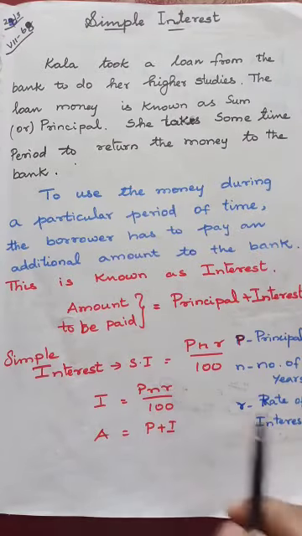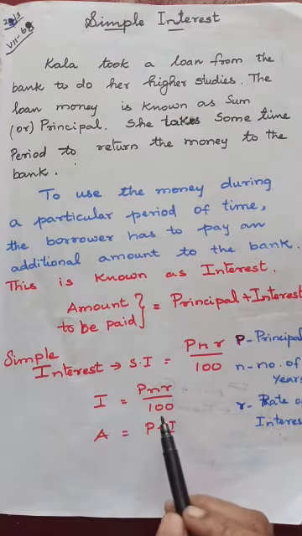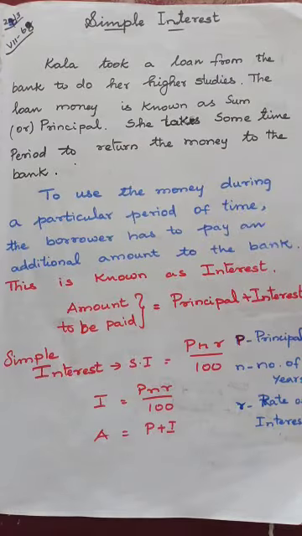So I is equal to PNR by 100. P means principal, N means number of years, R means rate of interest. And the amount is equal to P plus I.